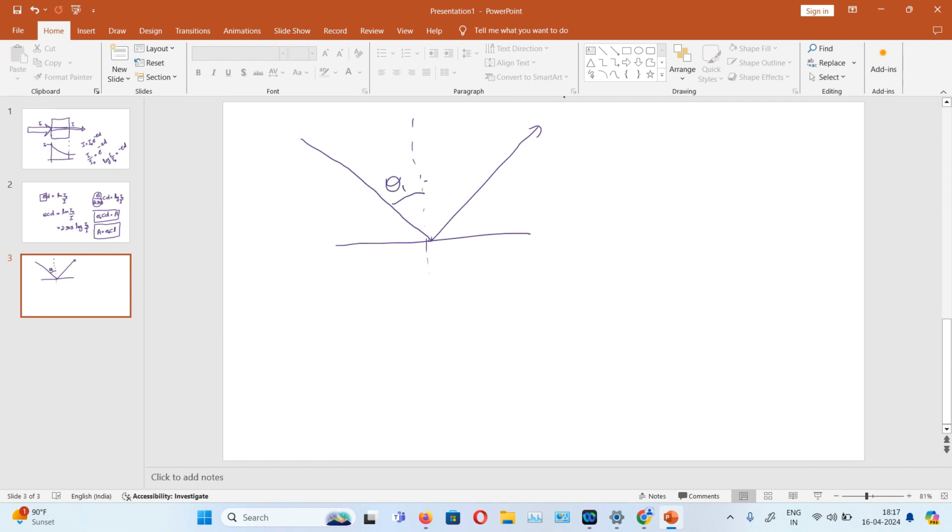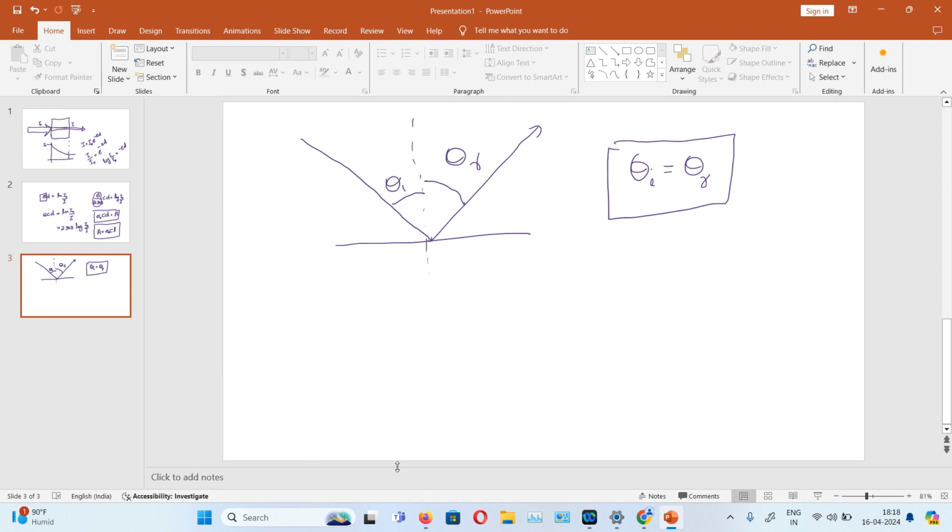There is theta incidence and theta reflection. The law of reflection is given by theta I equals theta R: the angle of incidence is equal to the angle of reflection. There are different kinds of reflection, like the reflection happening on a mirror, where we look at our face and see a proper image.